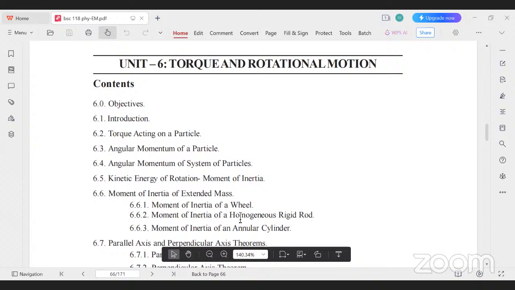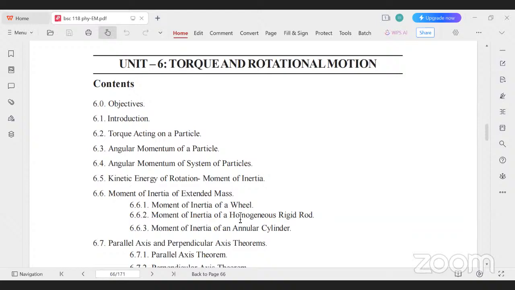Everything with the help of the wheel only, the things work. If I'm taking the example of a sugar cane machine, once you give some external force to it, it starts rotating and you are able to get proper juice. So how is this going to work? Moment of inertia of a wheel, moment of inertia of a homogeneous rigid rod, moment of inertia of an annular cylinder, parallel axis and perpendicular axis theorem.